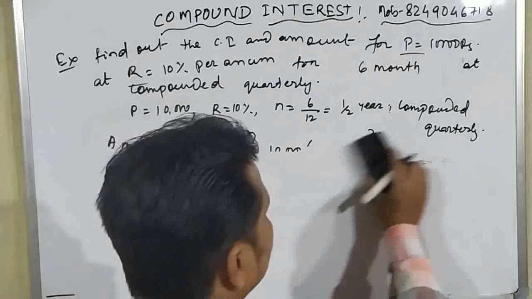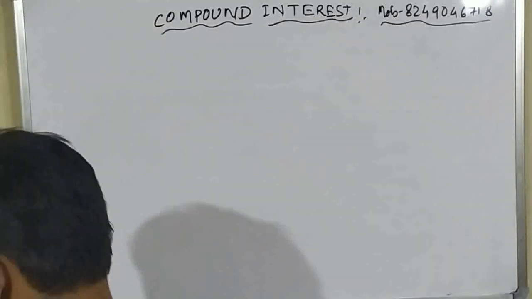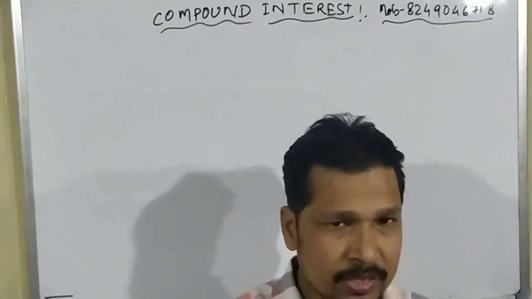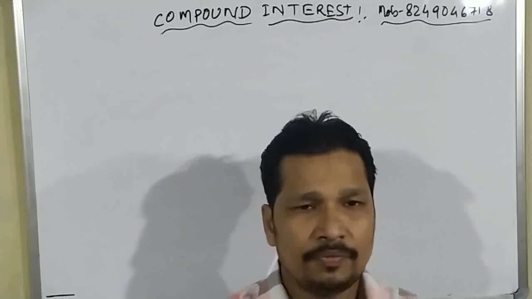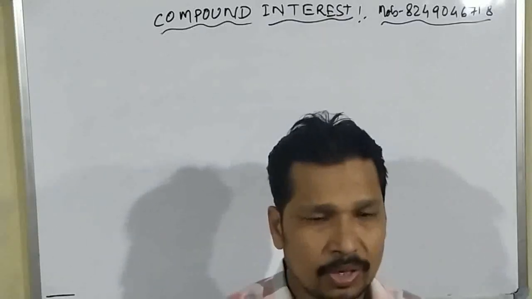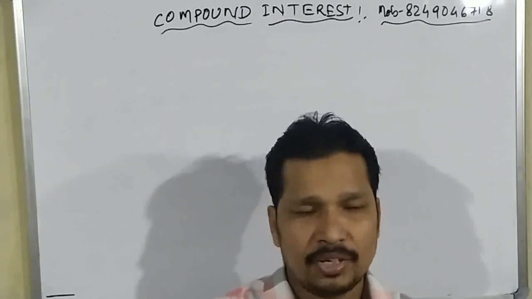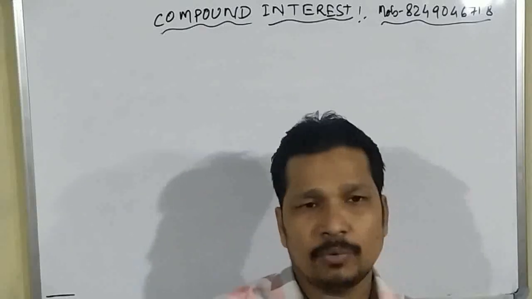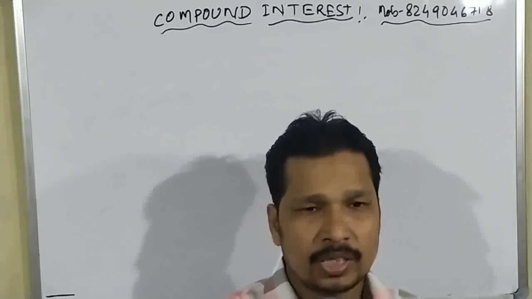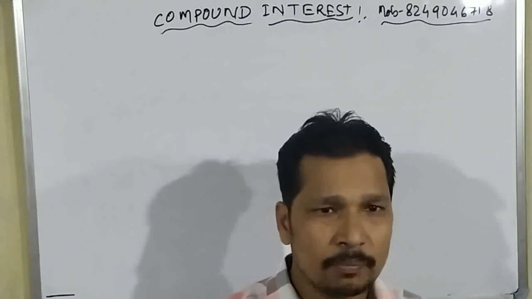Now, another thing that we will read: successive interest. What is the meaning of successive interest? That means the rate of interest will change after some years. Okay, student. For example, suppose I have borrowed some money from my friends, and my friends told me that they will take the interest as compound interest, not simple interest.